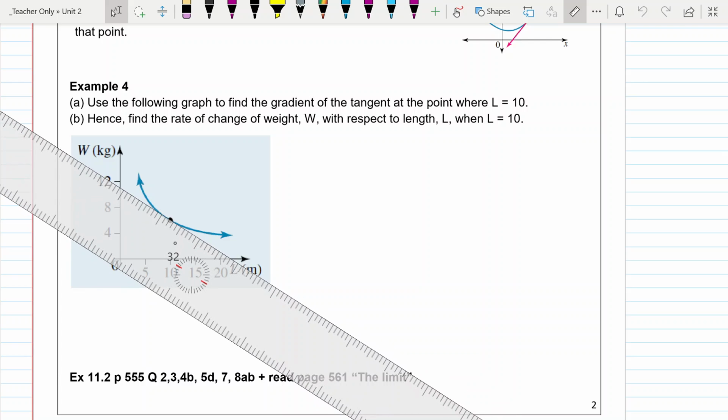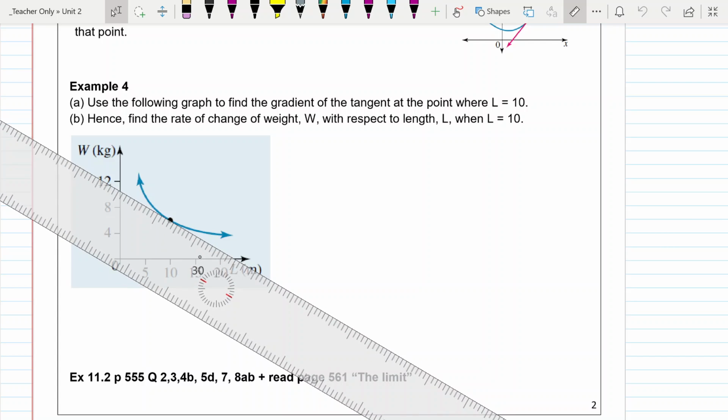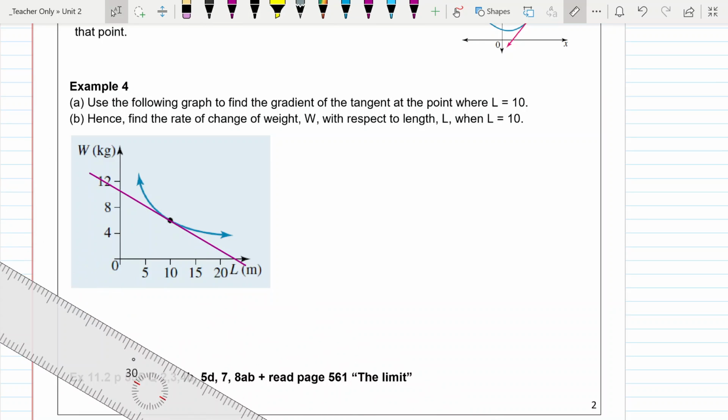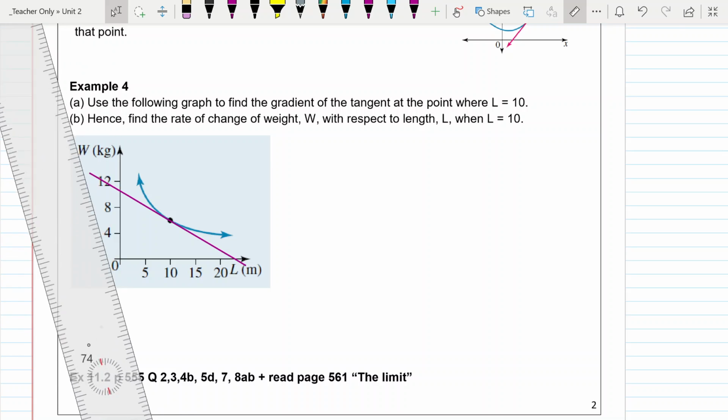Let's have a look. Okay, I'm going to draw my tangent, and I'm going to try and get it so that the line only just touches my graph. So that's what my tangent looks like. I'm expecting that yours is going to look slightly different. And in order to find the gradient of that tangent, I'm going to need to find 2 points on my graph.